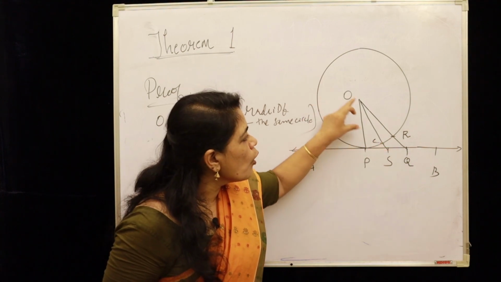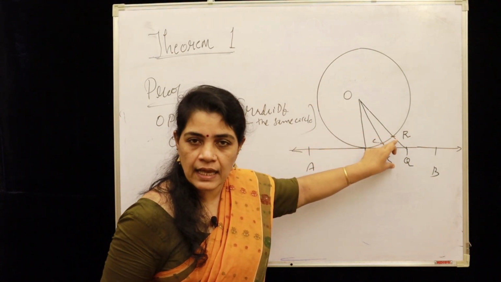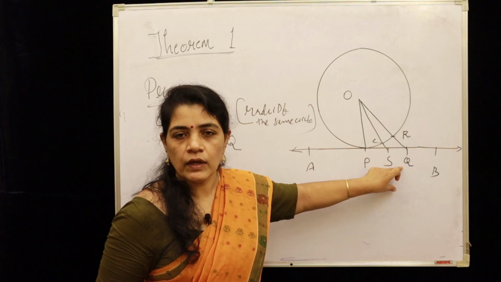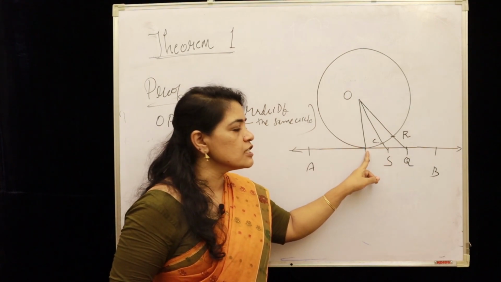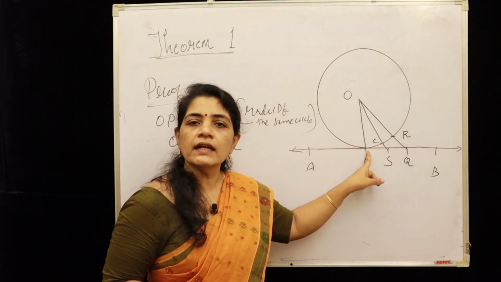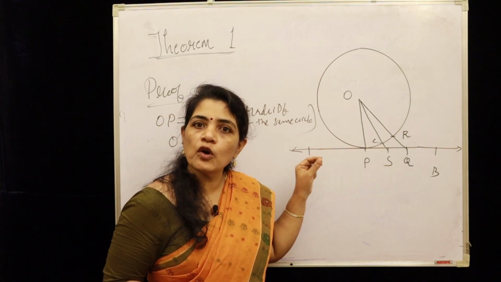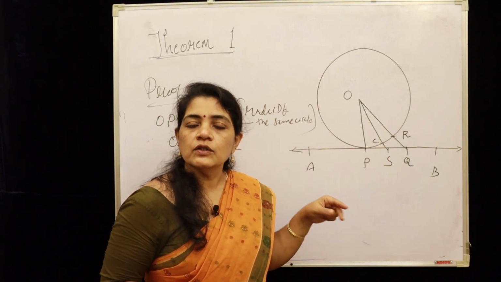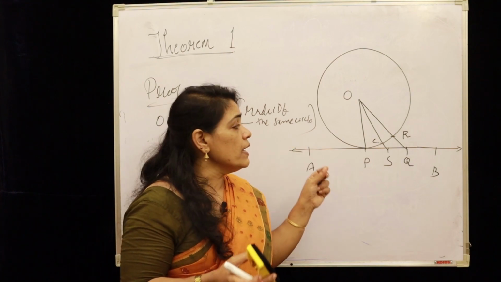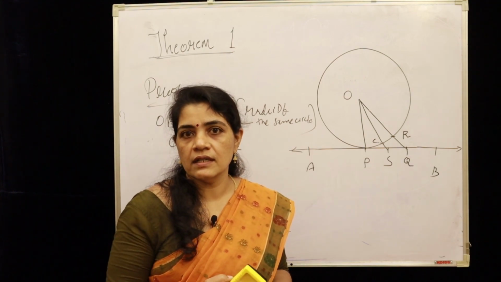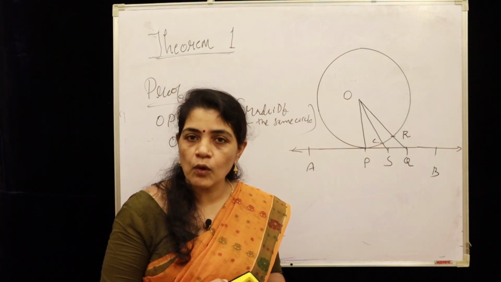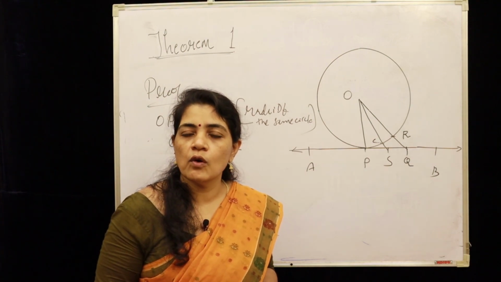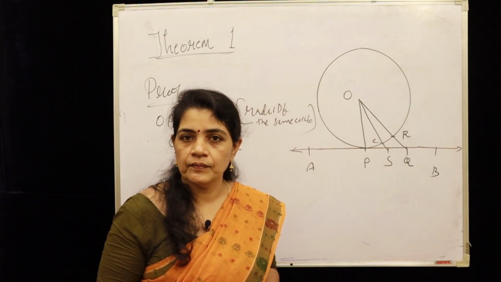That means OP is less than OS. Except for this point P, you can take any other point, and if you join that point with the center, you can see that OP is always the shortest distance from the point O to any point on the tangent AB.